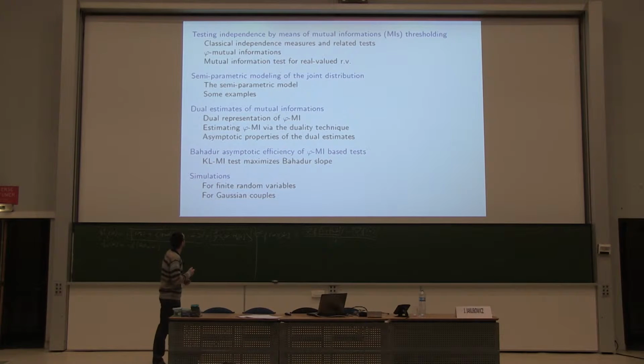I will give the good asymptotic properties of these estimators for the mutual informations, from which we will be able to build explicit critical regions for the independence tests. And then I'll compare the obtained tests in terms of their Bahadur asymptotic efficiency and will illustrate their behavior through simulations.